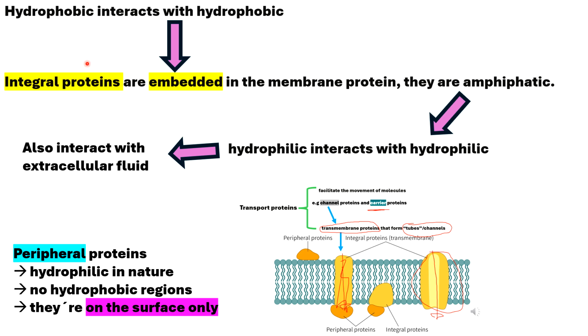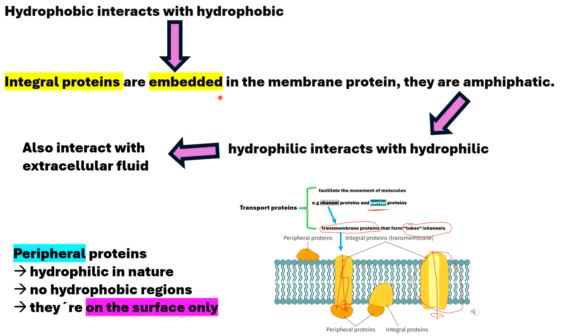So have in mind that hydrophobic interacts with hydrophobic, or nonpolar interacts with nonpolar. These integral proteins have hydrophobic regions. This is why they're embedded in the membrane, okay? Remember that inside the membrane are the tails, the fatty acid tails, which are also hydrophobic.